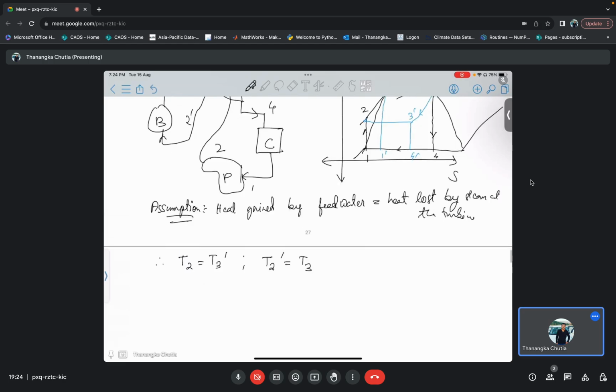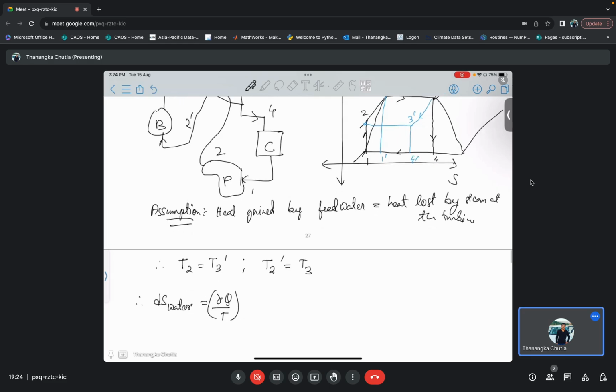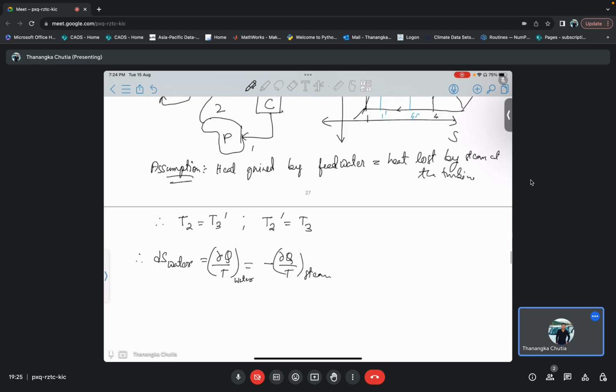So therefore the change in entropy of water, and remember I am considering this as a reversible process because this is an ideal regenerative cycle, must be equal to the heat released by the steam. So delta S water, the change in entropy of the water, must be equal to the change in entropy of the steam.